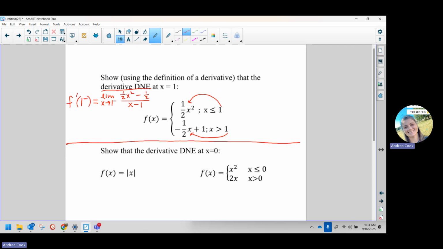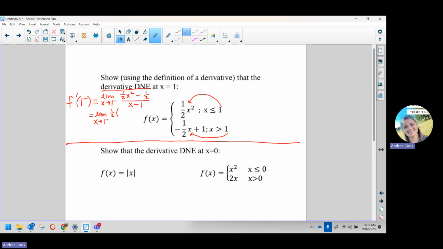So I have to do a little algebra. What can I factor out of the top? 1/2. When I bring out a 1/2, what am I going to be left with? x squared minus one. Are you okay with me factoring that as a difference of squares?